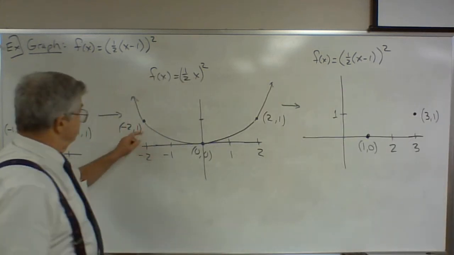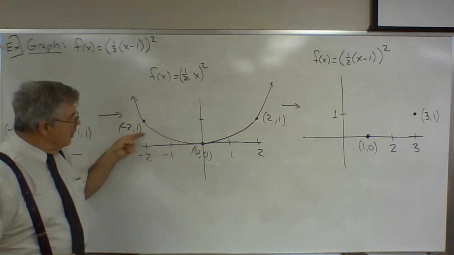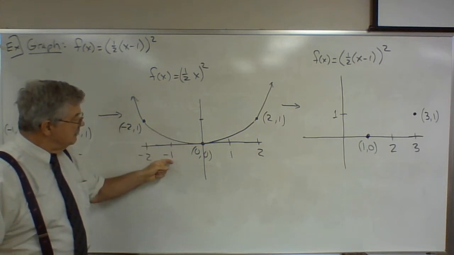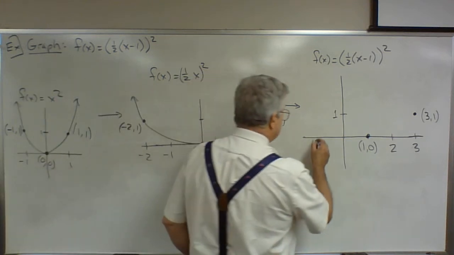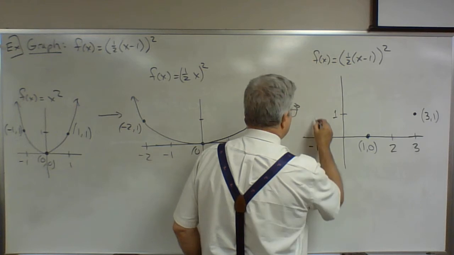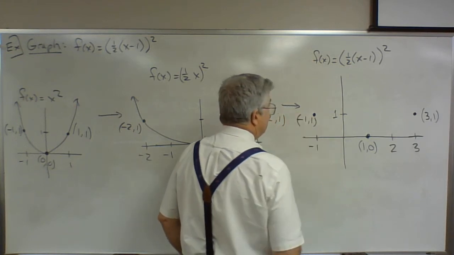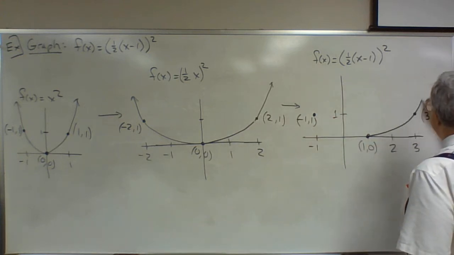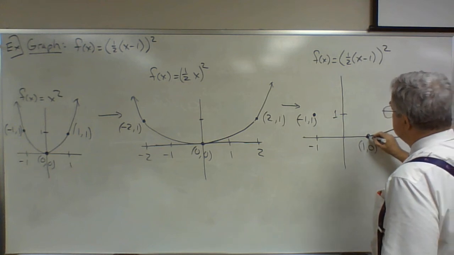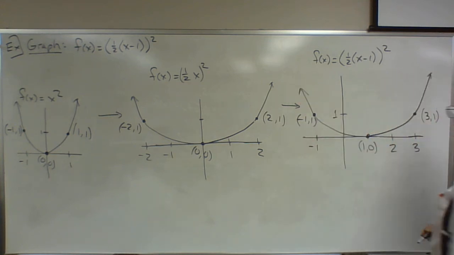At this point, at x equal negative 2, y equal 1, we shift it 1 unit to the right, so it's going to be at x equal negative 1. And here we have the skeleton that we're going to hang our graph on. That's our graph.